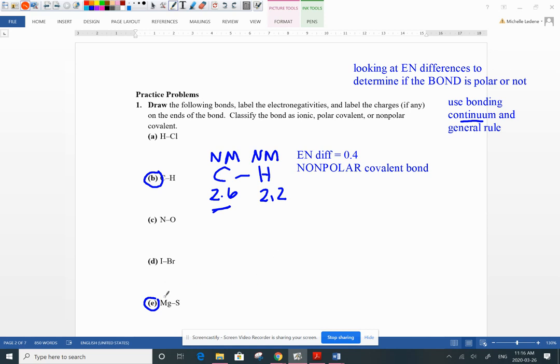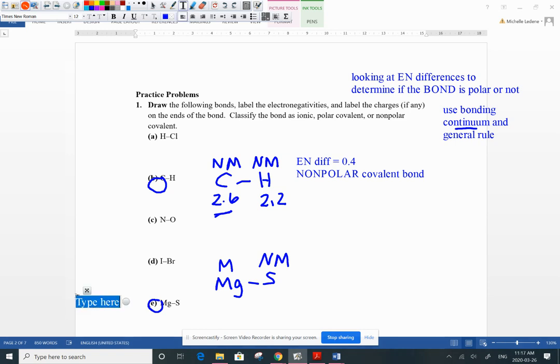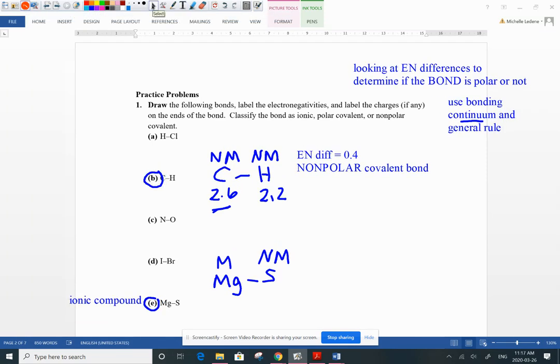Now I'm going to compare that to E here, MgS. Well, that's interesting. Mg is a metal, and I have sulfur, which we know is a nonmetal. So what's going to happen here? Well, by definition, this is an ionic compound. Not to say that a molecular compound can't behave like an ionic compound.